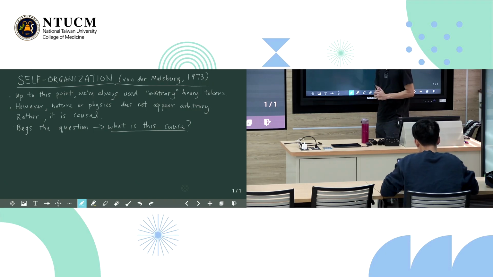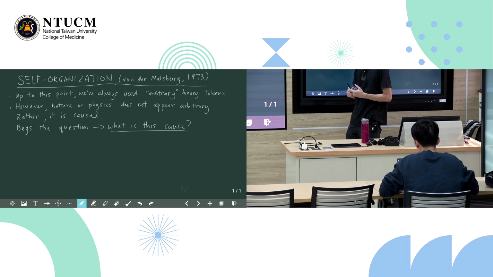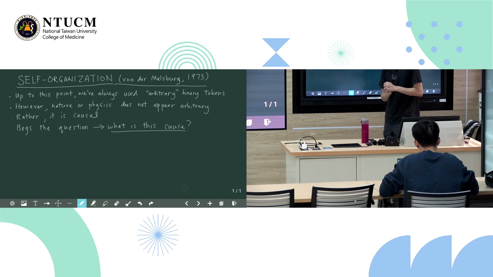So it seems that our system is always trying to form some sort of causal model, and there is this drive that is shaping our neural networks.